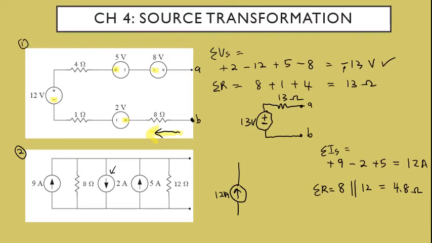Since they are in parallel, you can draw the resistor in parallel. And this is A and this is B. So the resistor here is equal to 4.8 ohms. So this is how you do the parallel and series form. Okay.